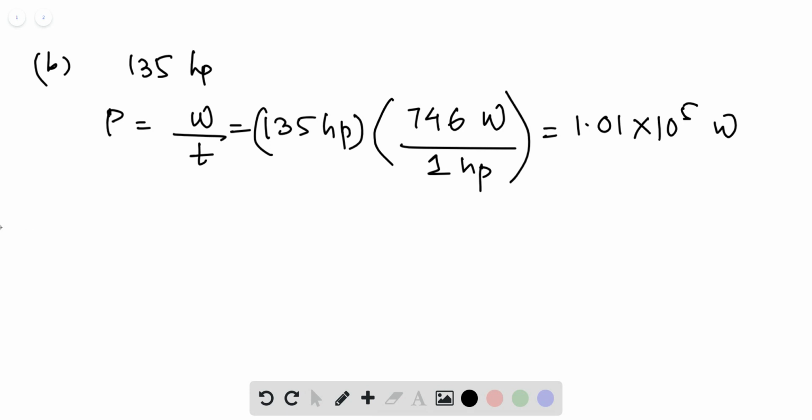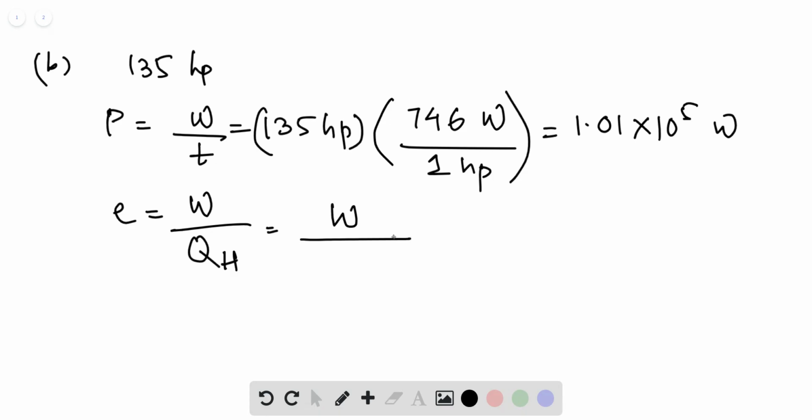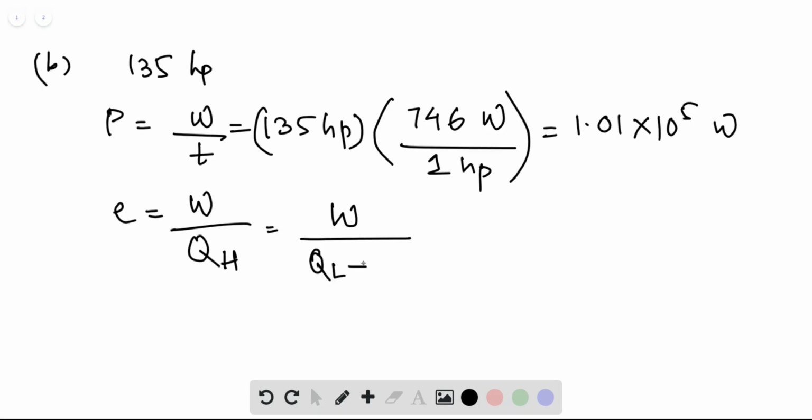Now let's use the efficiency to calculate the exhaust heat. So efficiency is equal to work over QH, where QH is the heat input, and that is equal to heat output plus work.